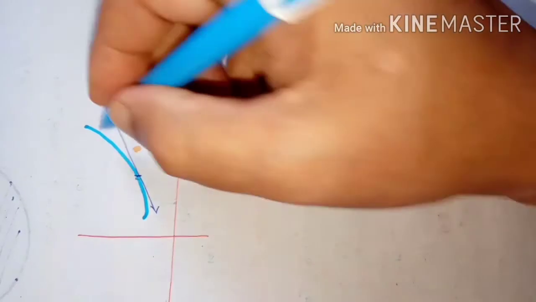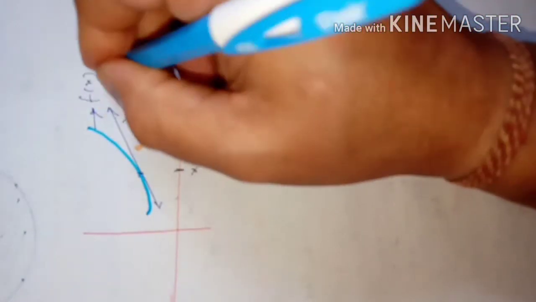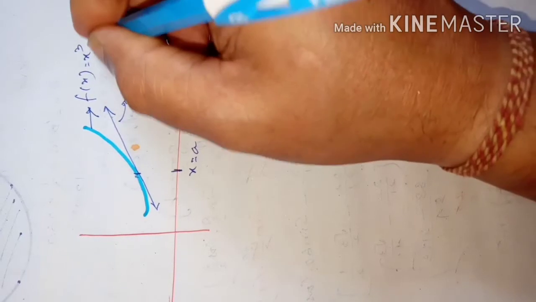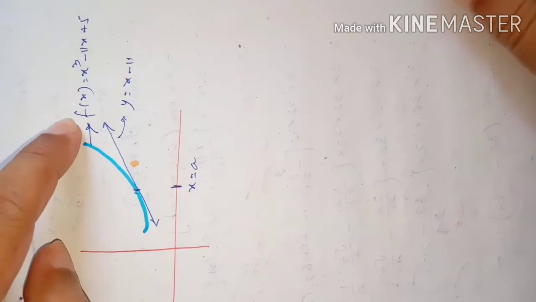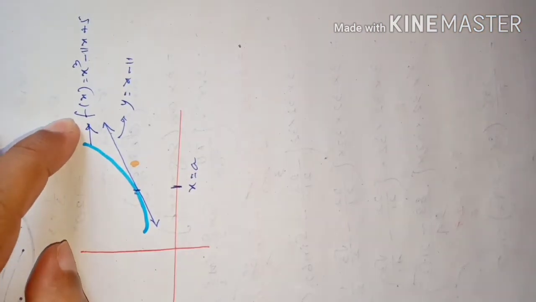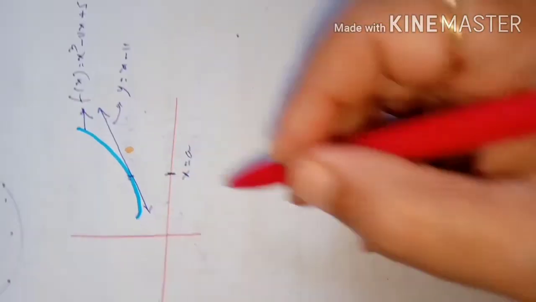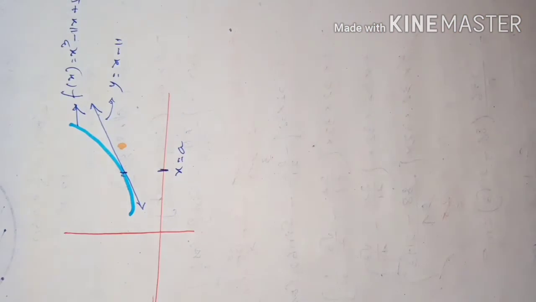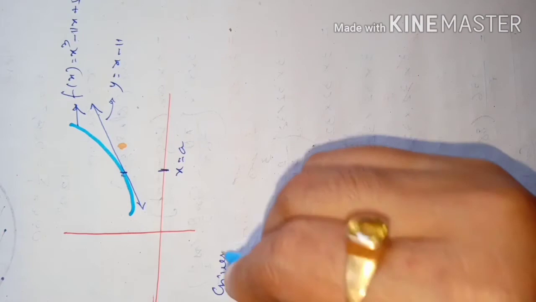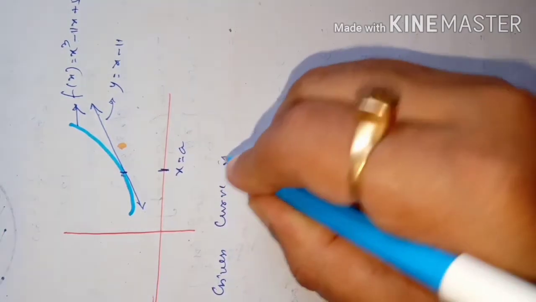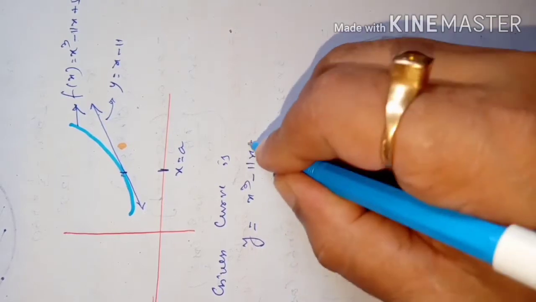Now if we see, this function f of x is given as x cube minus 11x plus 5. So now from the curve let us find out the slope of the tangent at this particular point. Given curve is y equal to x cube minus 11x plus 5.